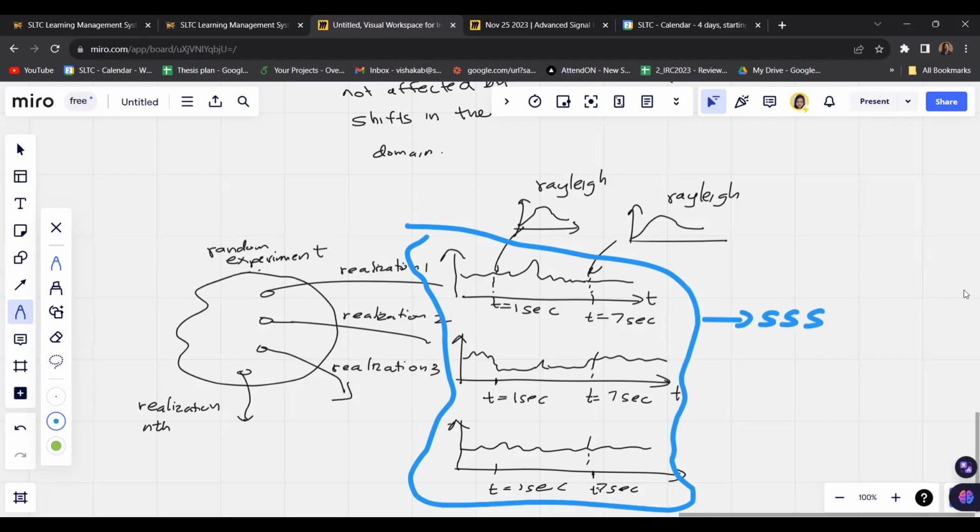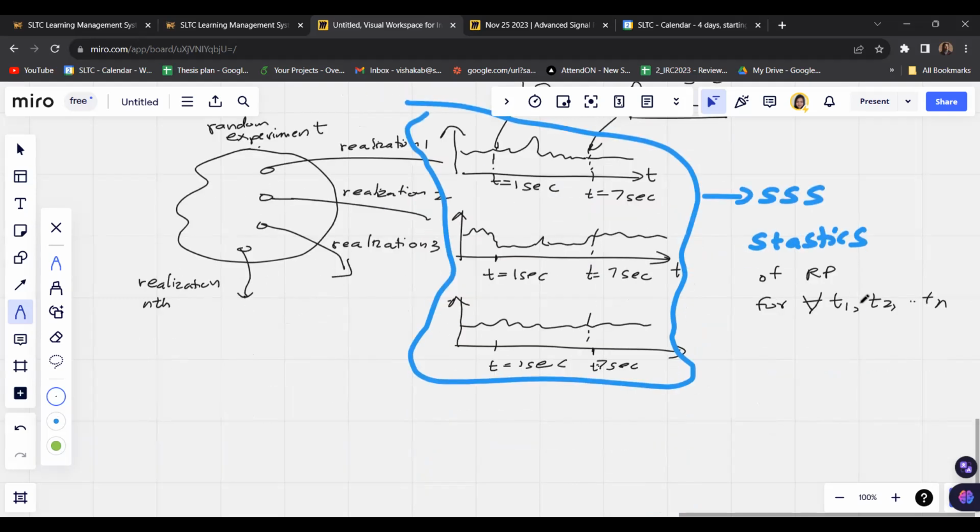If the statistics of the random process for all time instances, t1, t2, up to tn, whatever the final t value, all the time instances, the statistics will remain constant.